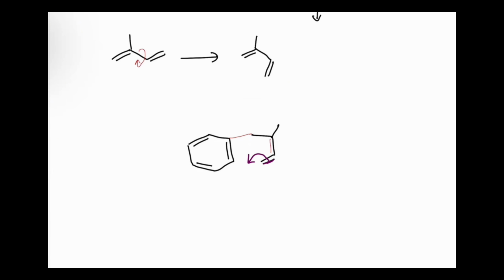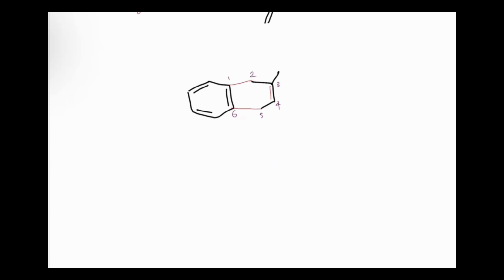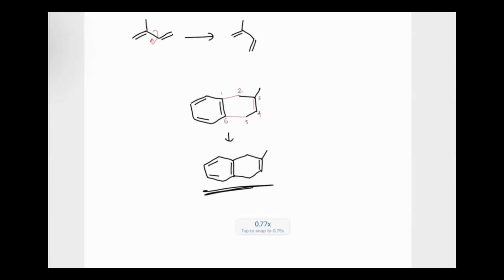And now this bond will break and you get a new sigma bond here. So after the reaction we got a 6-membered ring. We already had a 6-membered ring in the benzene before the reaction, and now a new 6-membered ring is formed, which has a double bond here and a CH3 here. So this will be the product.